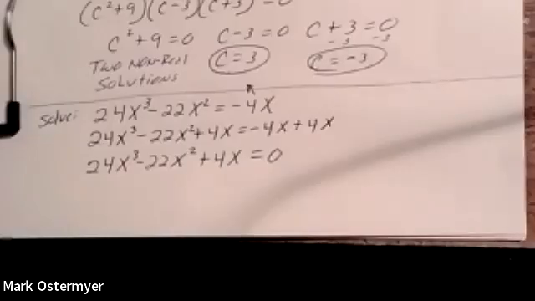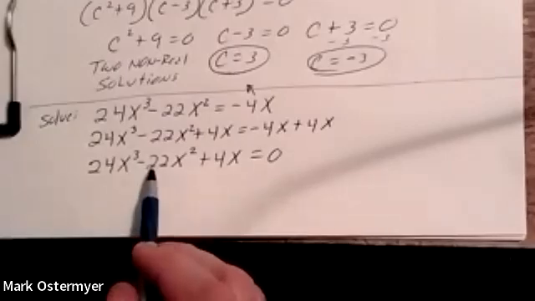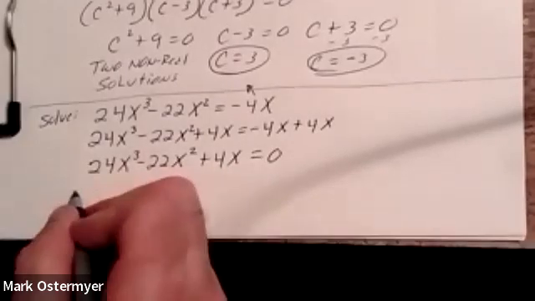Now, can we factor this left side in any way? Yes. What can I factor out of all 3 terms? Not a 4, but at least a 2. And what else? 2x.